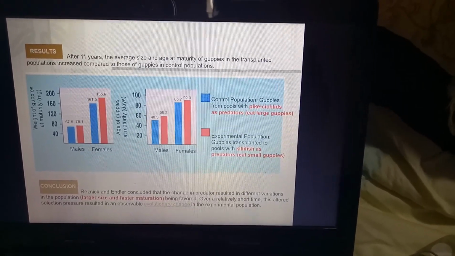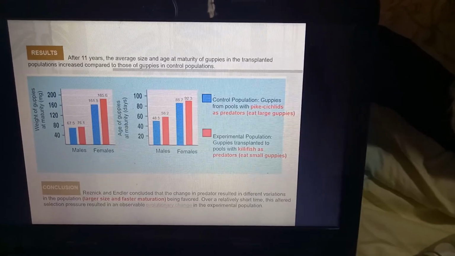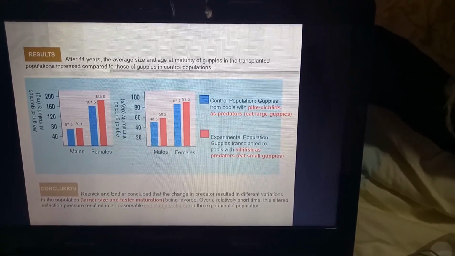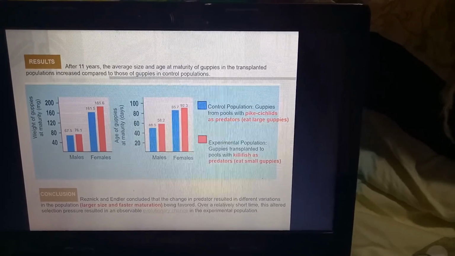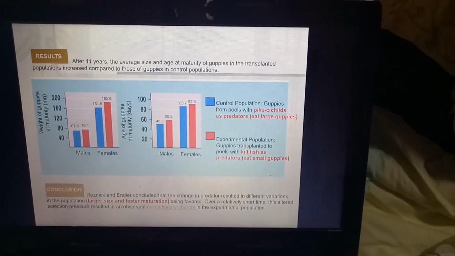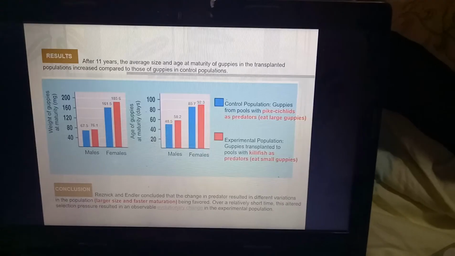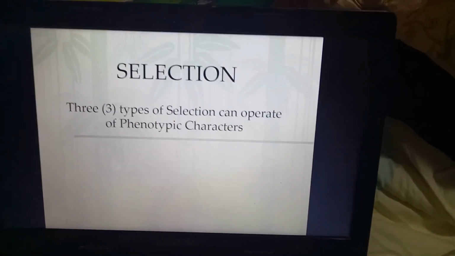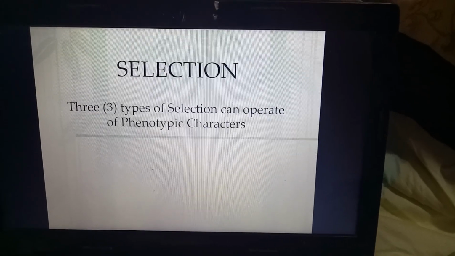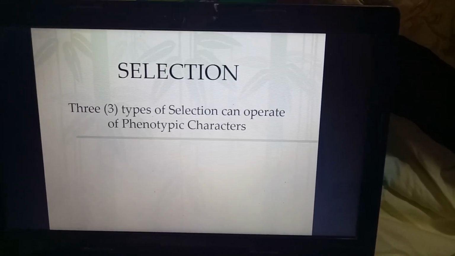Over a relatively short time, this altered selection pressure resulted in an observable change in the experimental population. So this is the experiment about guppies in the pool. Okay, this is about selection, which will be delivered later on.